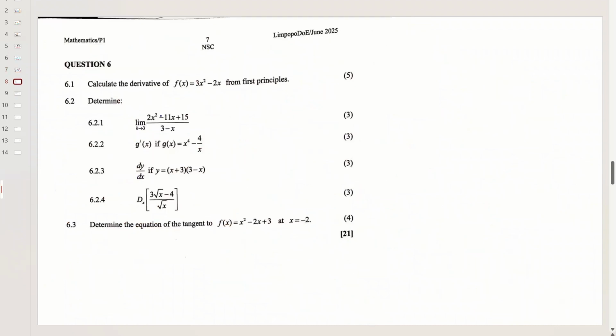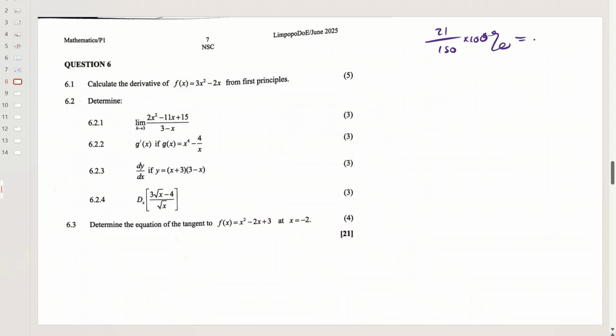Guys, this is the June exam from Limpopo, 2025. So they wrote this paper here. Let's see how simple it was, how hard it was. What I want you to do is say 21 over 150 is 100%, and let's see what you have got there.